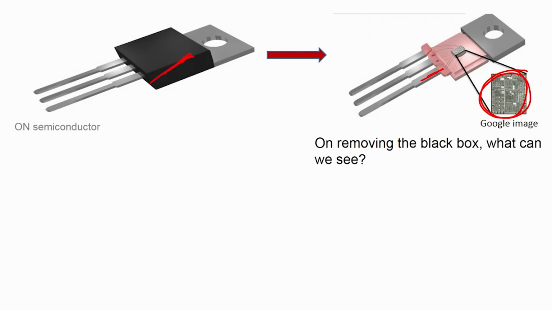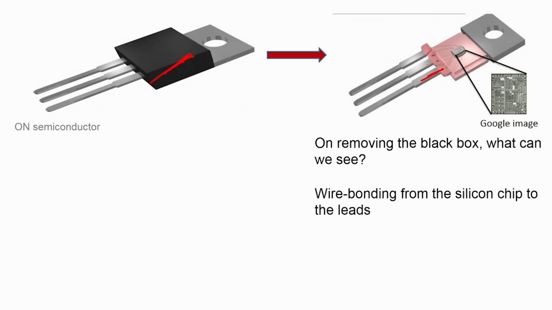So, the point is, when I open this black box or the package, I find there is a chip within it which is connected to the leads using wire bonding.